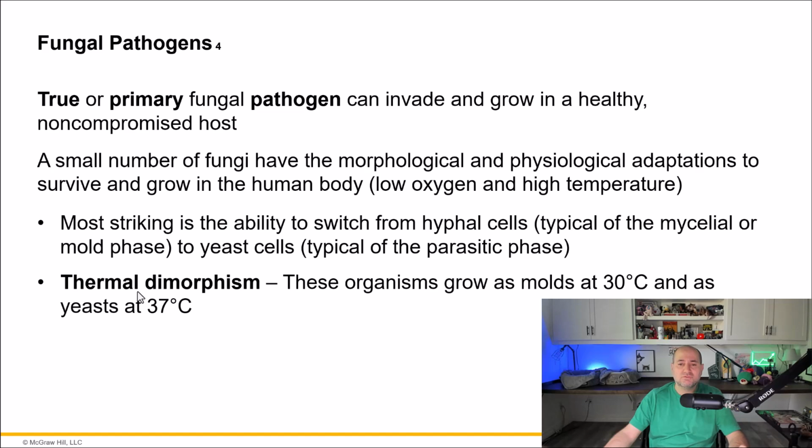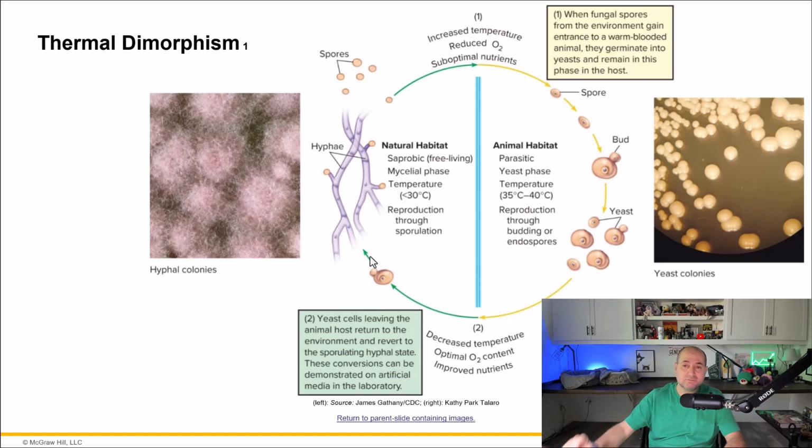Remember, there were 4 main genera, and you should know that they can invade and grow even in healthy, non-compromised hosts. They typically exhibit thermal dimorphism. Remember, they grow as molds outside of the human body at 30 degrees and as yeasts in and on the human body, which is 37 degrees C. Again, remember thermal dimorphism.